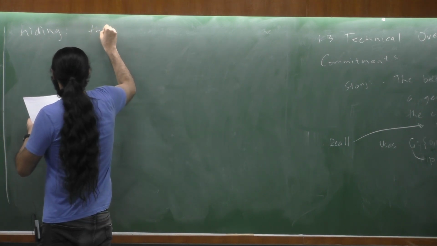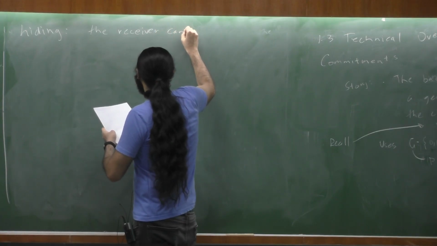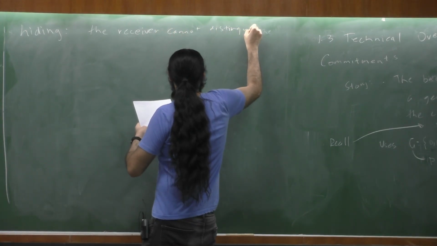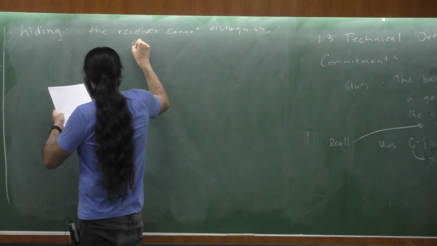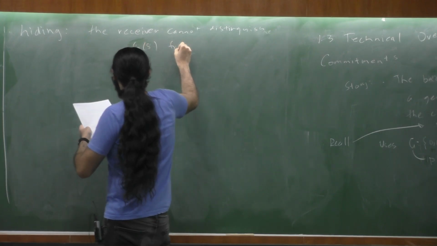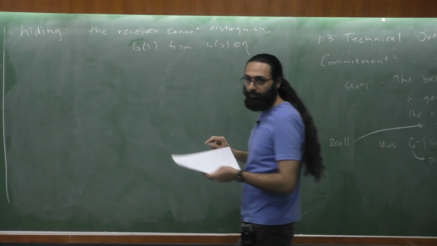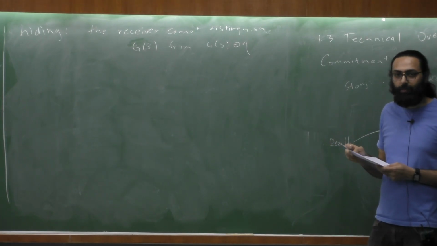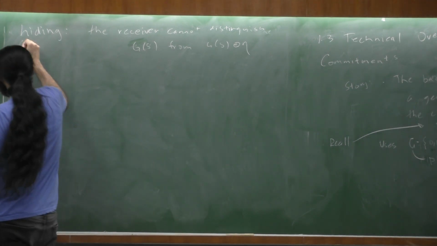The receiver cannot distinguish G(S) from G(S) XOR eta, right? Because they're both identically distributed as far as a computationally bounded adversary is concerned, correct? So that part is simple. So this is computational.